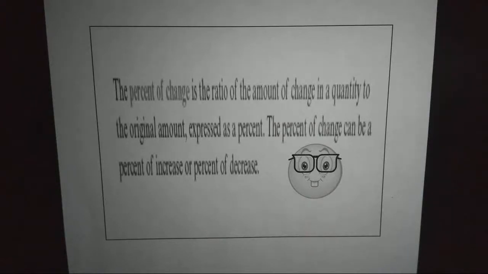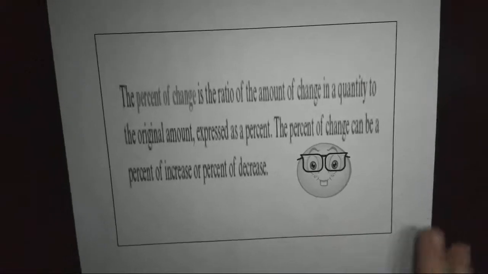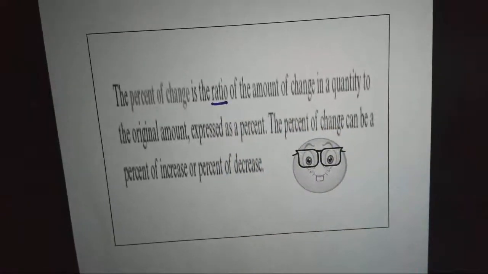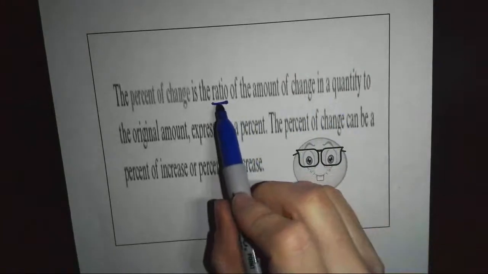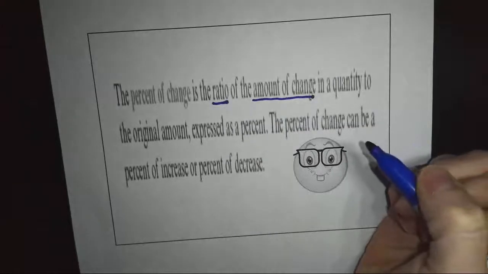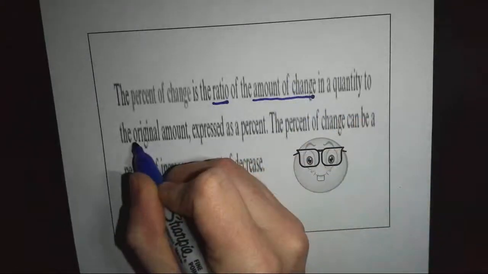Now, we actually have a formula that helps us come up with percent of change. Notice this word right here, ratio. That means that we're going to have to divide two numbers. The ratio we're looking for is the amount of change in a quantity divided by the original amount.